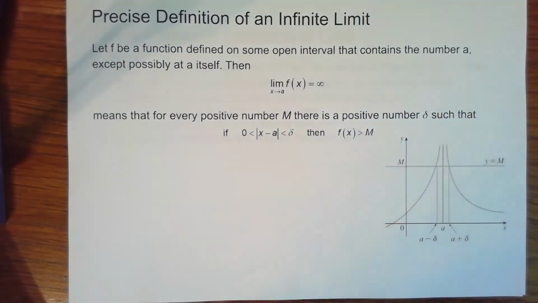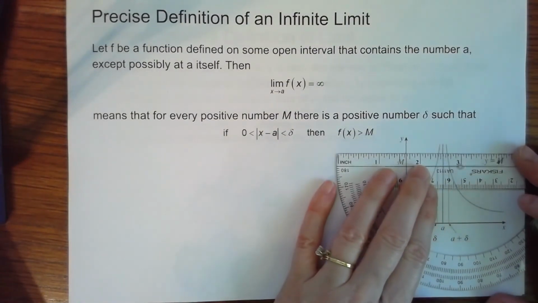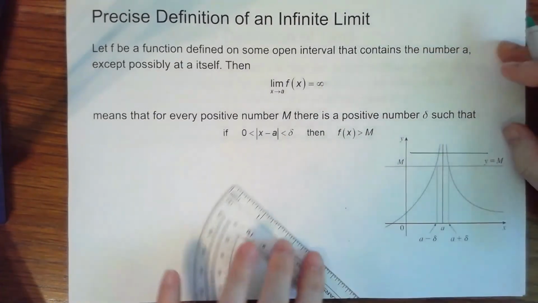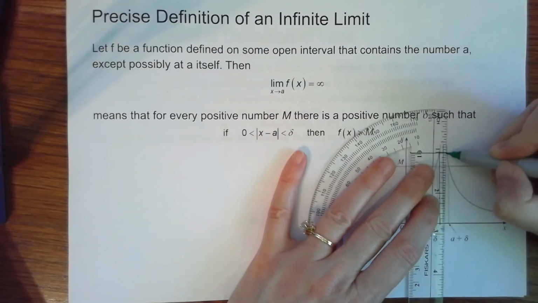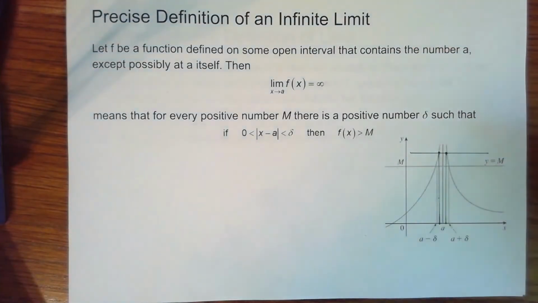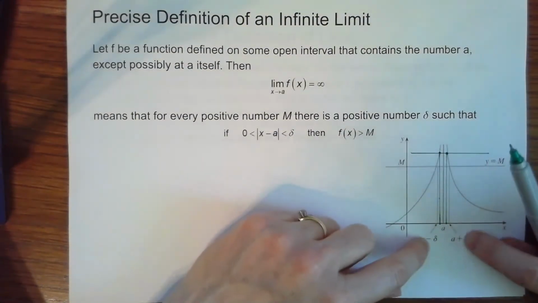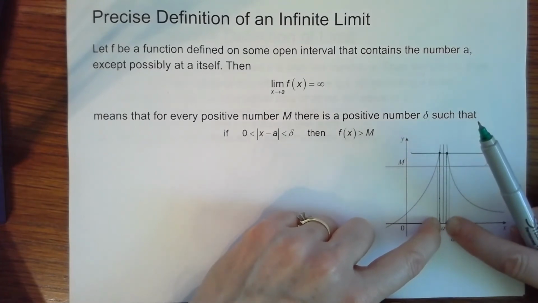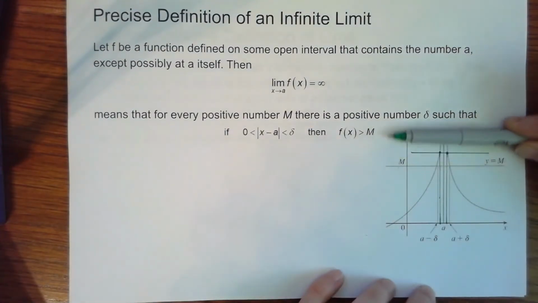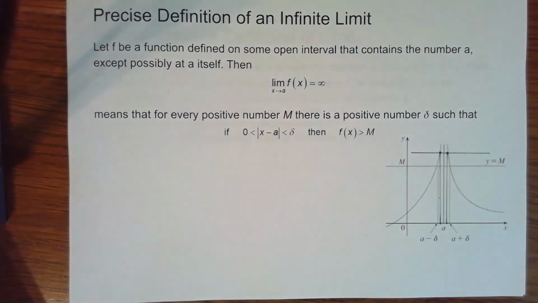And notice, if I make m even bigger and move it up here, now I've got to be even closer than I was before. So as I move m up and make it bigger, I'm going to have to move delta closer to a. So I have a smaller window that can guarantee f of x is always bigger than m. As I move this up, I'm going to have to move these in and get closer and closer to a and approach a from both sides.